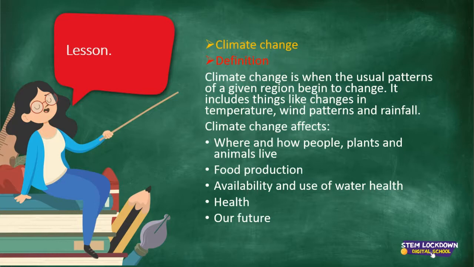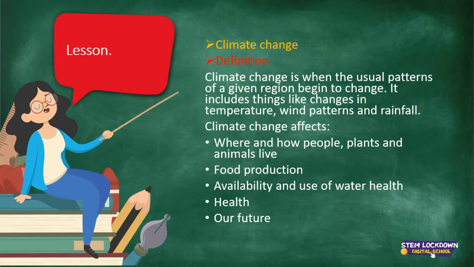So our future. Climate change does affect our future because if we don't take care of the earth, this is the only earth that we live in. This is our only home. We can't exist on another planet, so we can only exist here.